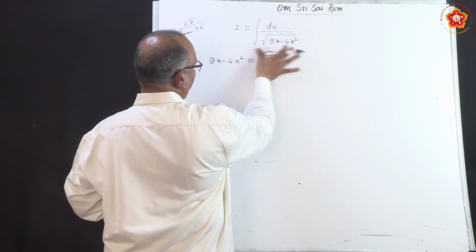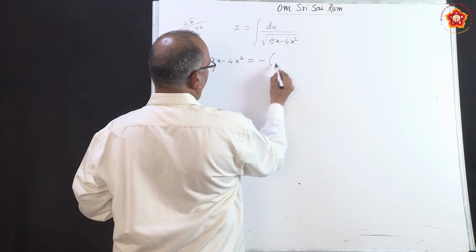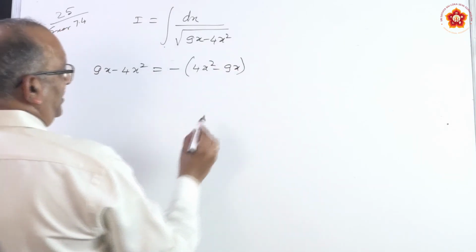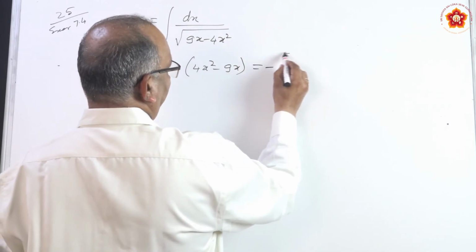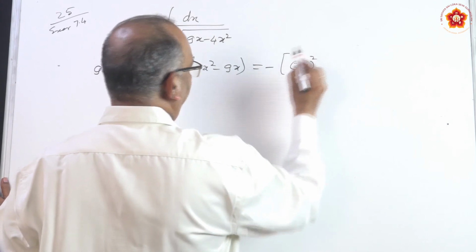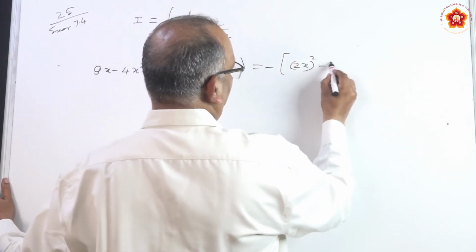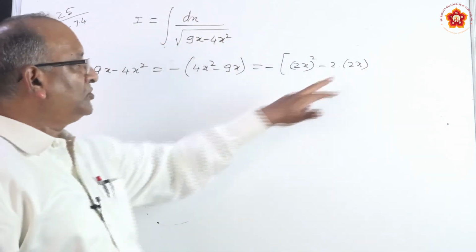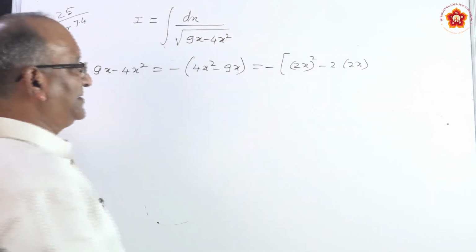This can be written as, take minus sign common, minus of 4x square minus 9x. 4x square can be written as 2x whole square minus 2 into 2x. Now think what we should multiply so that the whole product is equal to 9x.